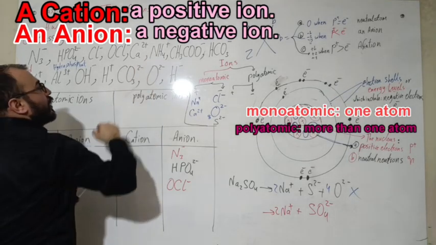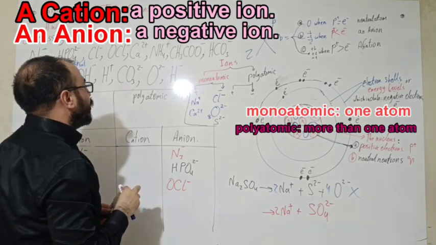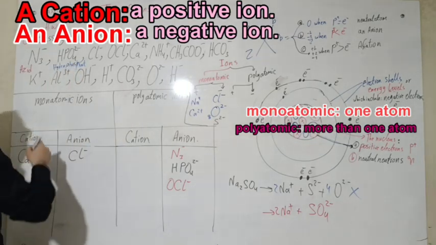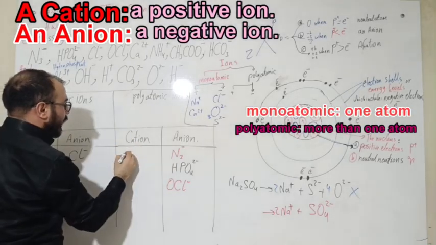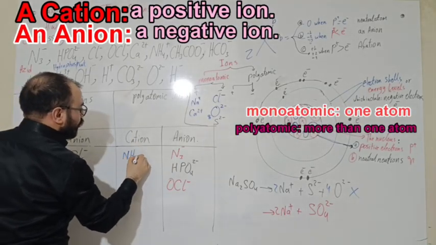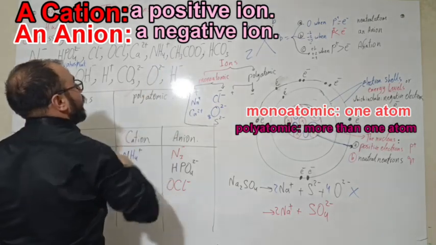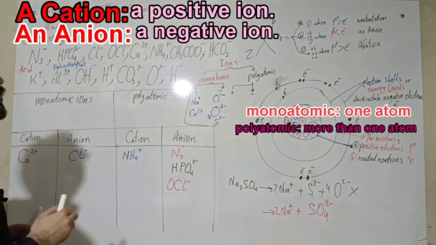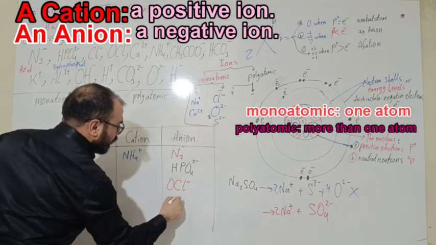This ion is called ammonium ion, and it is not monoatomic, of course. It's polyatomic, and it's a cation, NH4 here. What about this one? It's called acetate, or acétate in French, and it's polyatomic, minus.